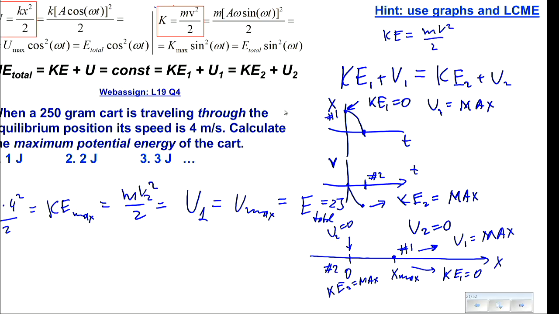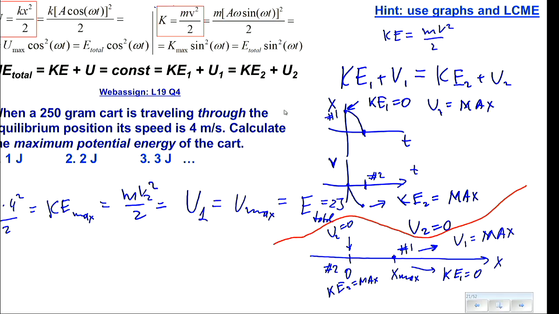Now I also need to divide the line. So this belongs to the graph above the line. This belongs to the graph below. This I called position number 1, and this I called position number 2.